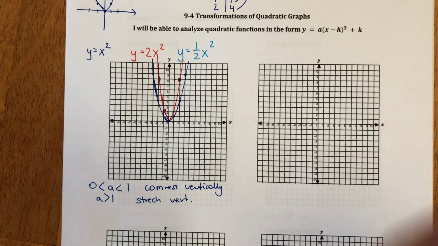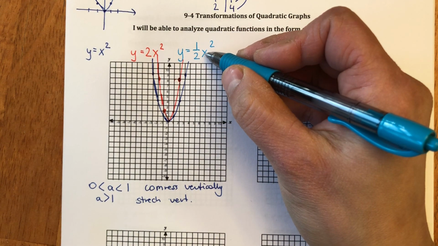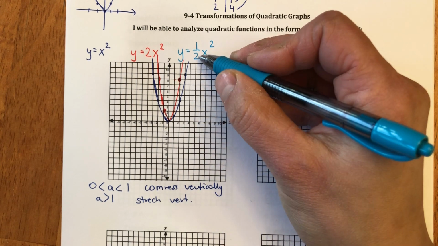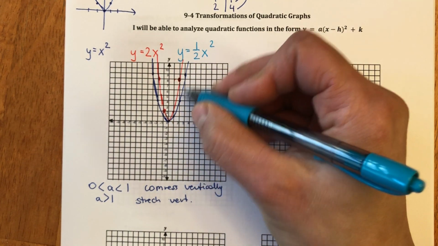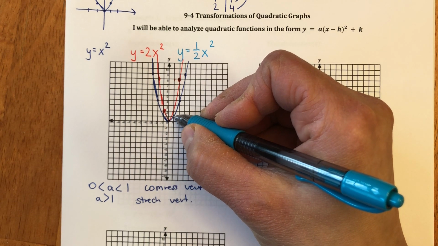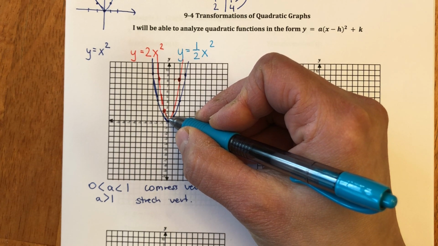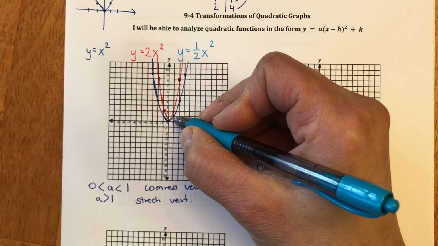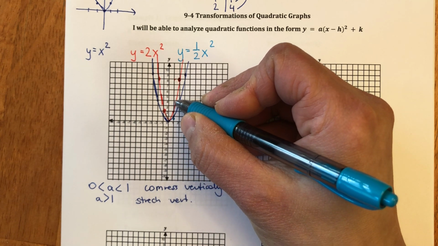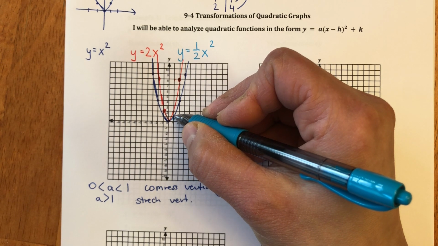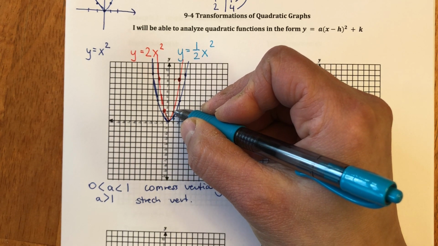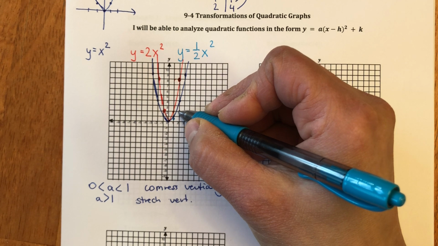Let's graph the third graph. Now what happens is, again, it's going to be compressed vertically. So instead of going 1 up over 1, we will go up 1/2 over 1. Instead of going 3 up over 1, we will go half of 3, which is 1.5, and then over 1.